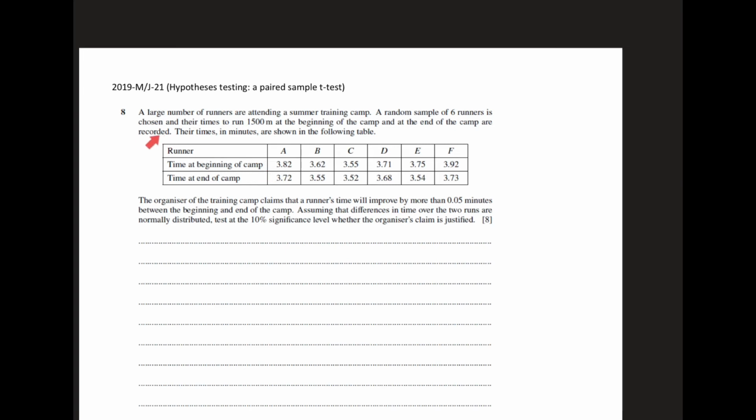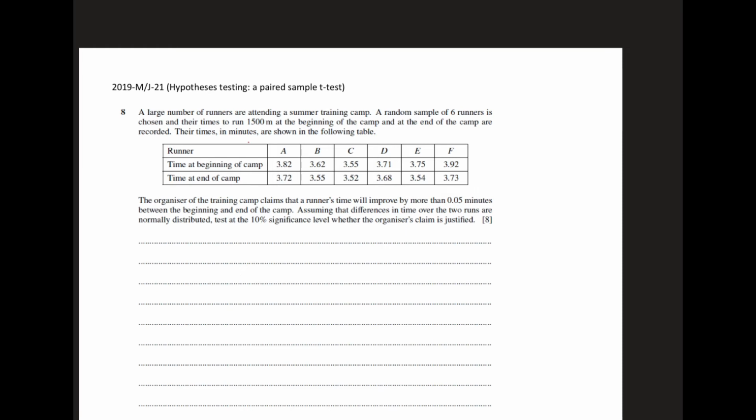So this is before and after, so related. So you have to use a paired sample t-test. So you have to find the D. The organizer of the training camp claims that the runner times will improve by more than 0.05 minutes. Will improve.